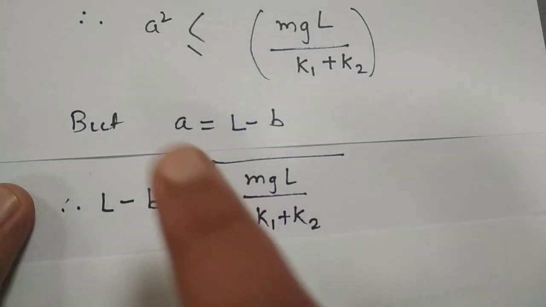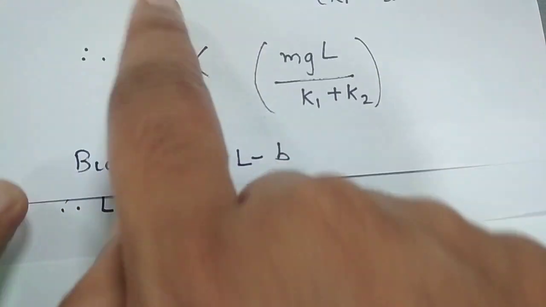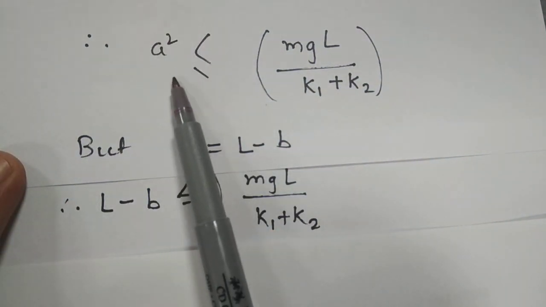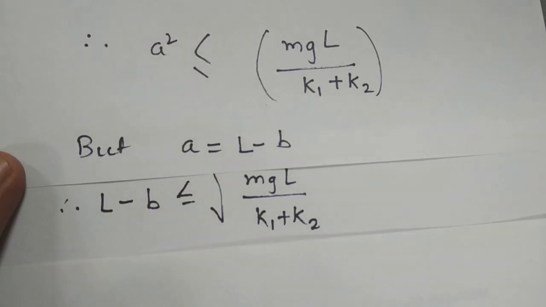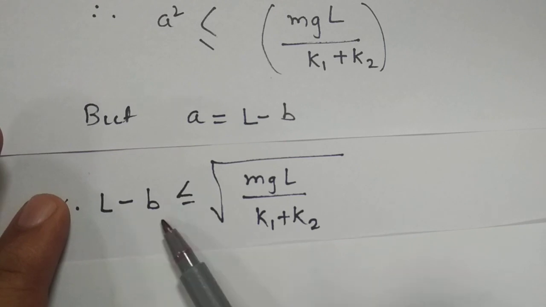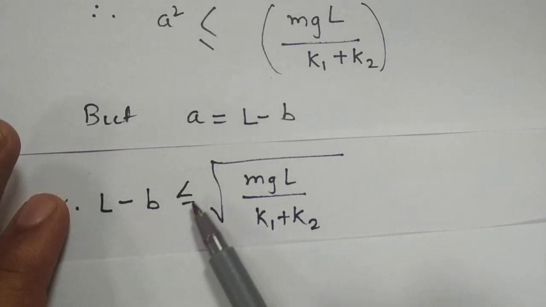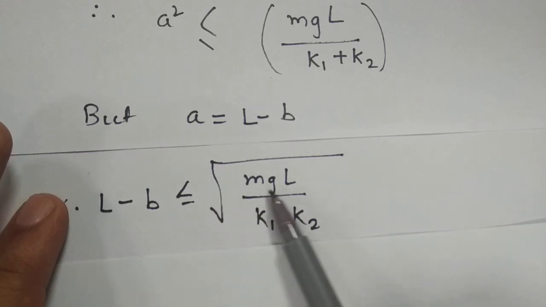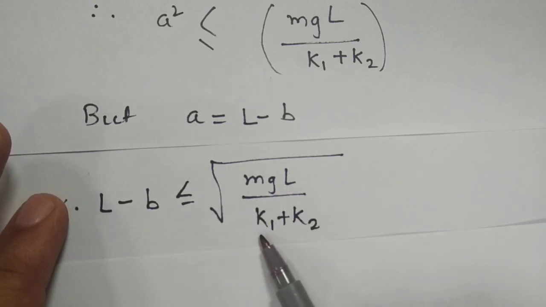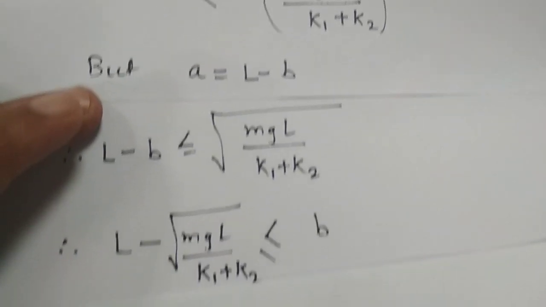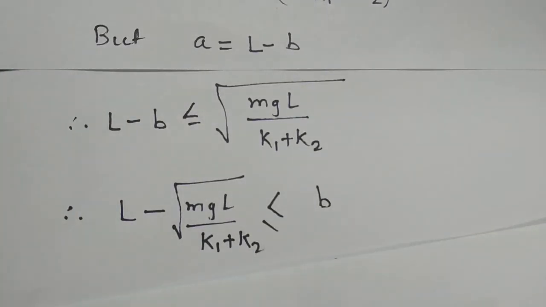So we can write this a square like this: L minus b less than or equal to the square root of mgL divided by (k1 plus k2). No need to explain, we are only rearranging the terms.